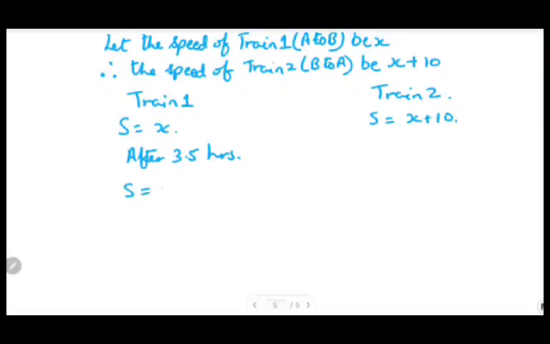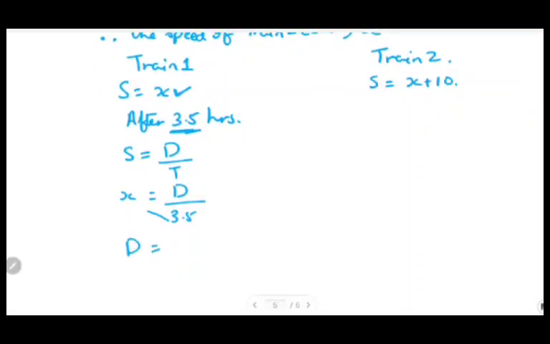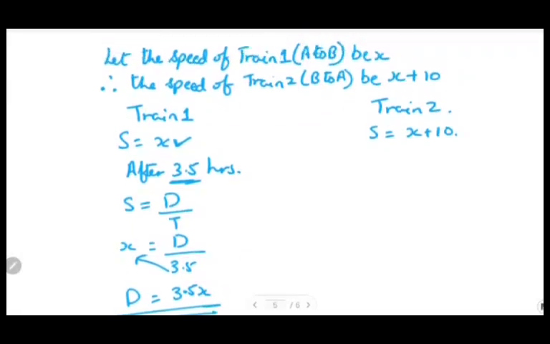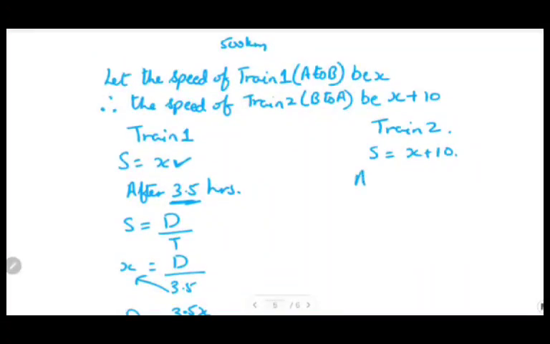Okay, so speed is equal to distance upon time. We've been asked to find the speed of both the trains and we don't even have the exact distance. Okay, speed I'll be taking as x, and both the trains have traveled for 3.5 hours, so 3.5, correct? So now distance is equal to, I'm going to multiply this with this, so 3.5x. Okay, similarly after 3.5 hours, speed is equal to distance upon time.